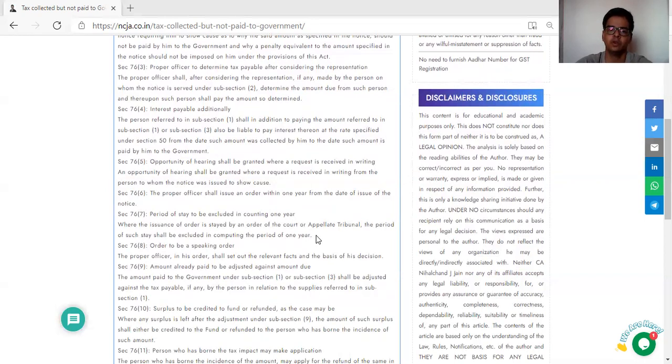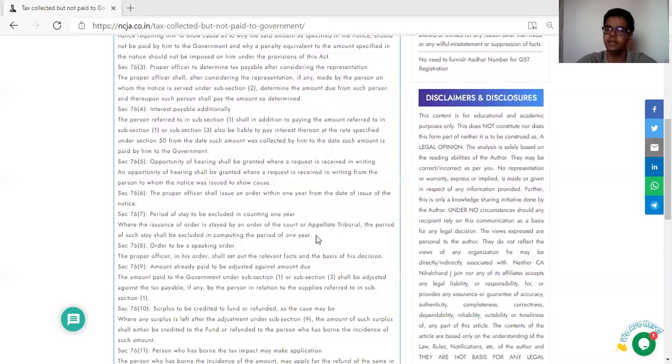Now, the issuance of order is stayed by an order of a court or appellate tribunal is what they have specified, but we have recently seen that they have extended the limitations period. So if such extension is granted, to my understanding, even such period is to be excluded in counting that.